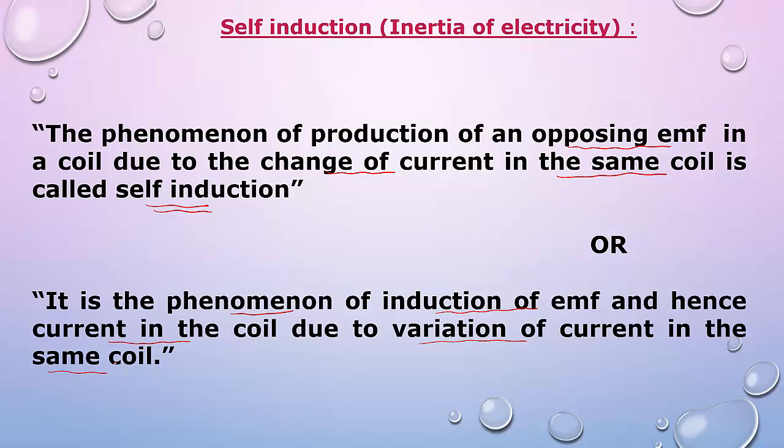When current in the coil changes, that may be increasing or decreasing, then induced EMF takes place always in the opposite direction. So we are going to call it self-induction, self-induced EMF. The coil is itself going to produce one more current only by changing the current.